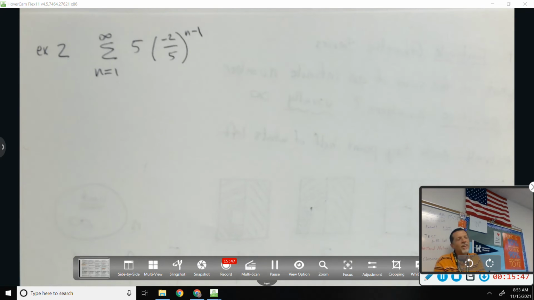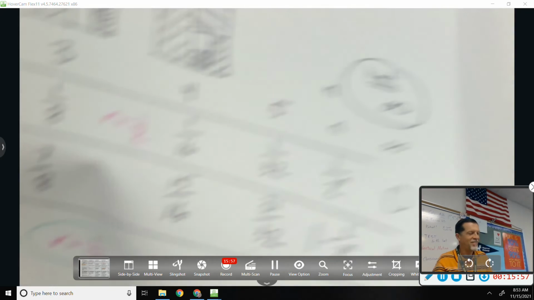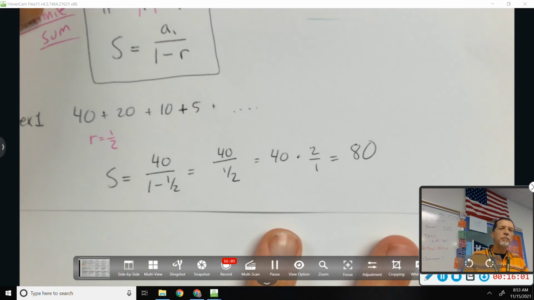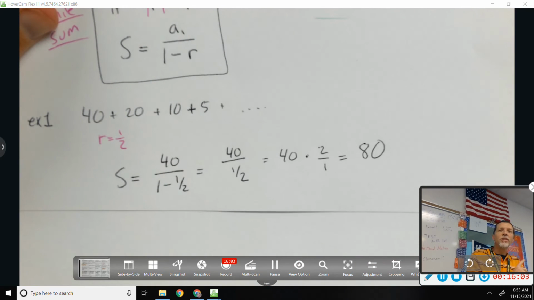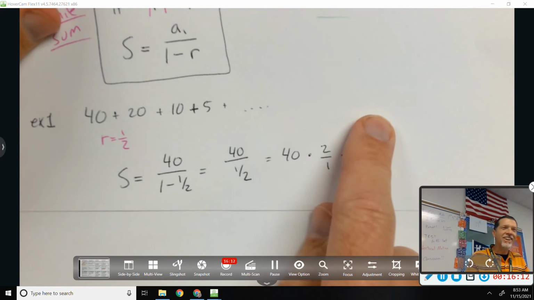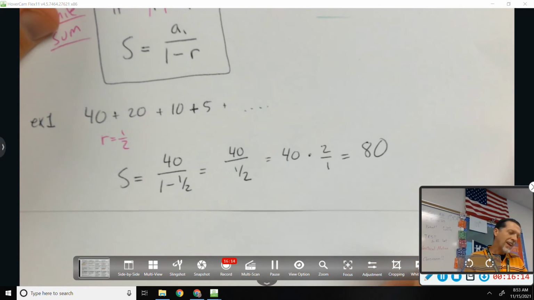Alright, so the sum from n equals 1 to infinity. We were joking earlier about using the calculator to check these. You can't check these by hand, because you can't ever get to infinity. You can kind of get close.